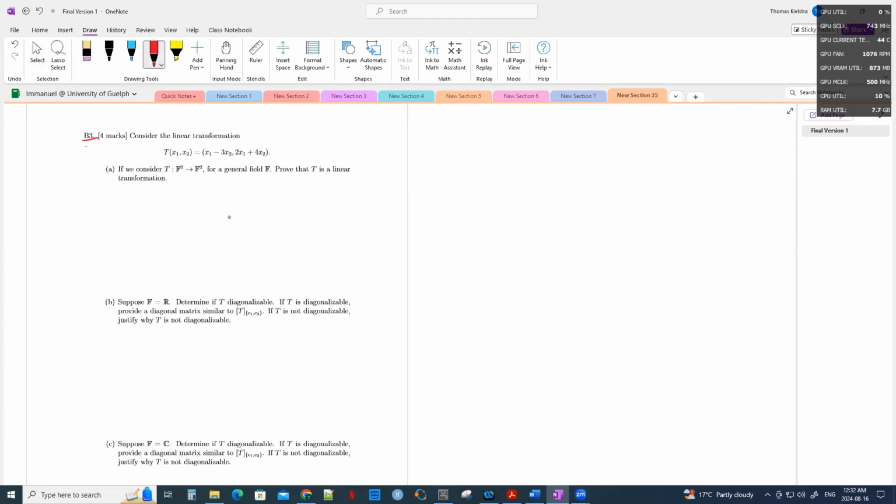To prove it is a linear transformation given a general field, we're going to let x and y be in F^2 and c be in F, and show that T(cx + y) = cT(x) + T(y).